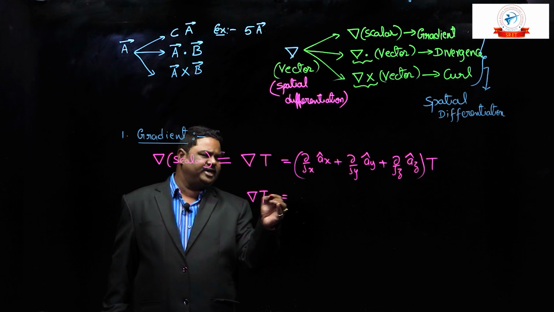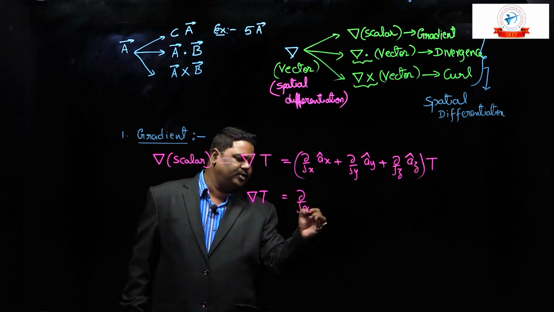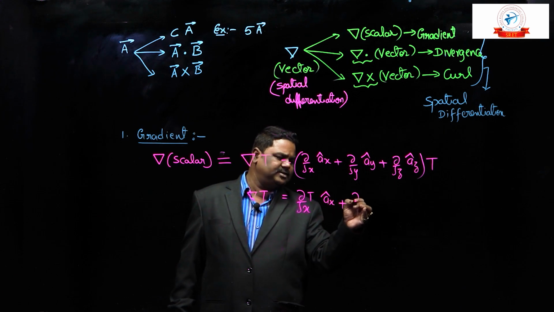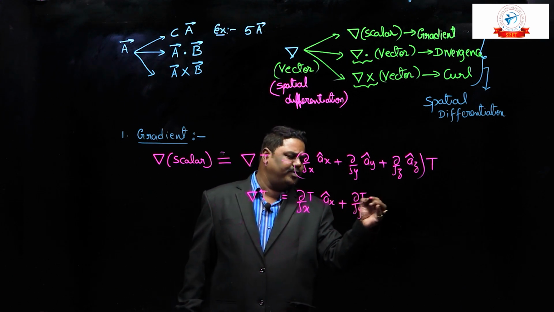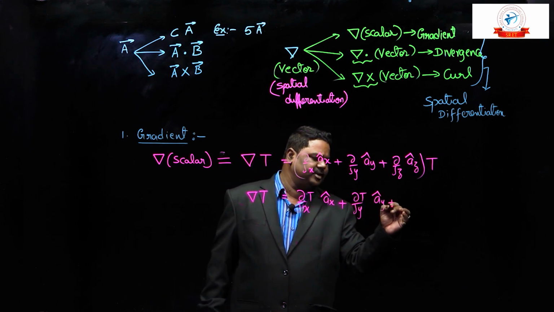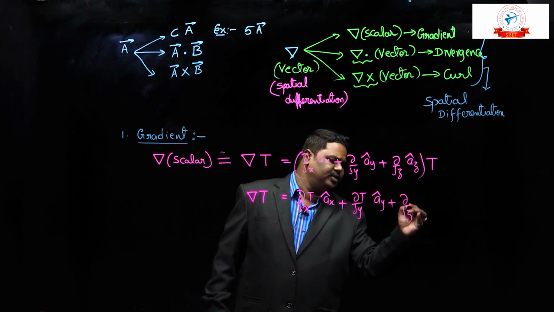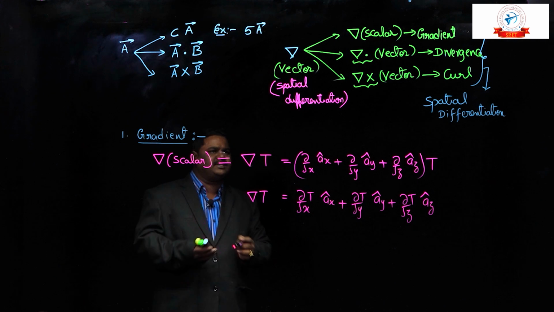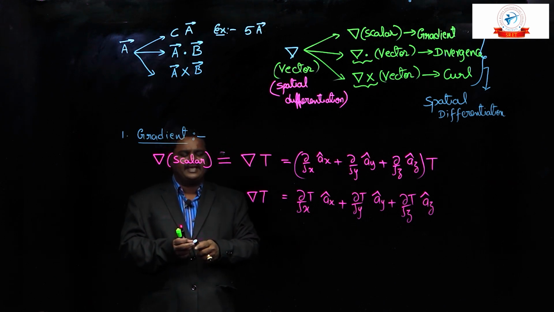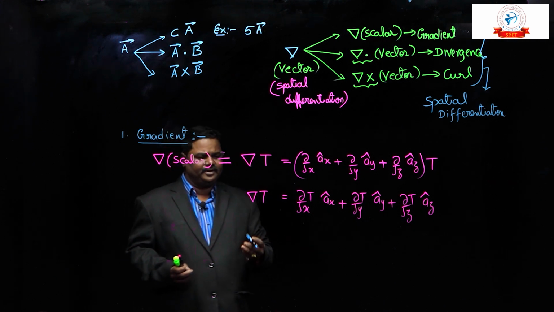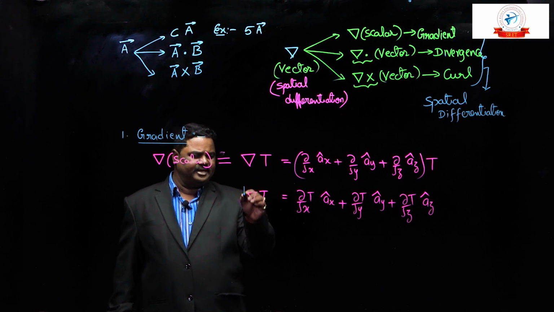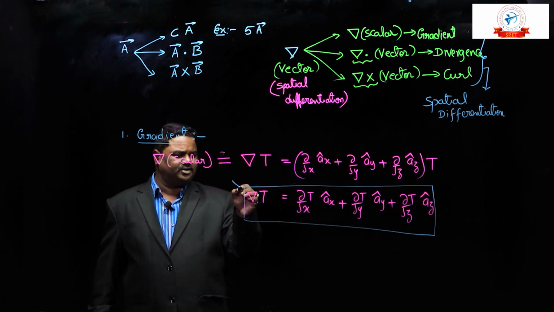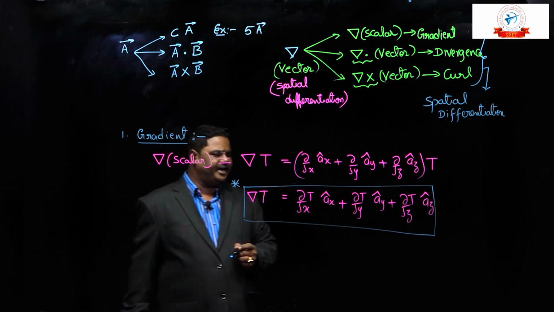So you get gradient of T is equal to dou by dou x of T into x cap plus dou by dou y of T into a y cap plus dou by dou z of T into a z cap. This is the mathematical formula for the gradient of T, or the formula for gradient operation.